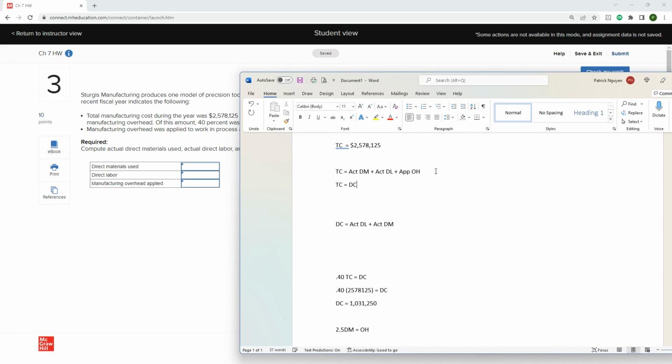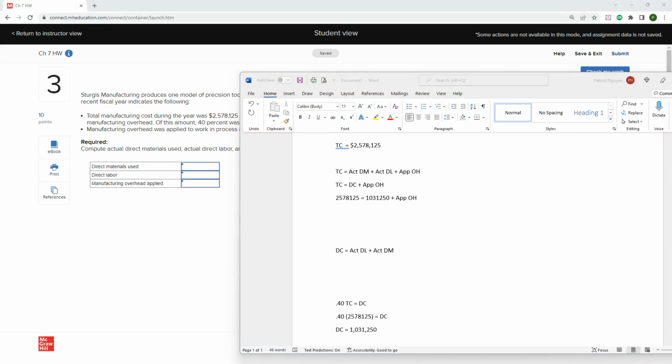And we know what direct costs are, and we know what total costs are. So we have 2,578,125 equals 1,031,250 plus applied overhead. So if we subtract 2,578,125 minus 1,031,250, we get that applied overhead equals 1,546,875.